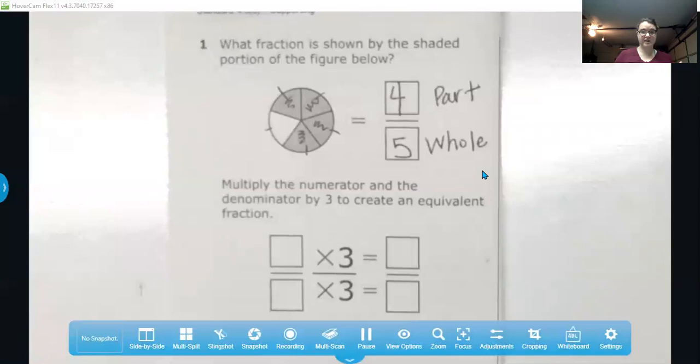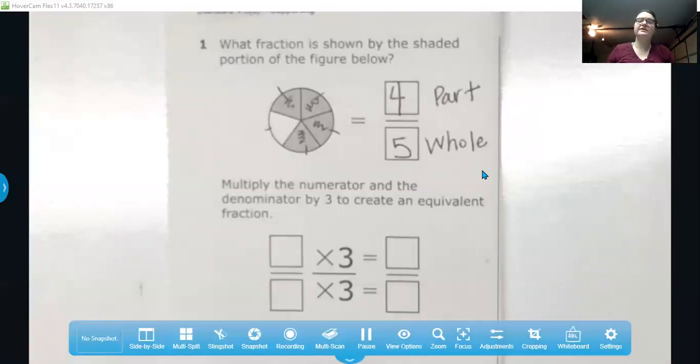And what we need to do now is multiply the numerator and the denominator. Because whatever you do to the numerator, you have to do to the denominator, and whatever you do to the denominator, you have to do to the numerator, so that we have the same fraction, so that it's equivalent.